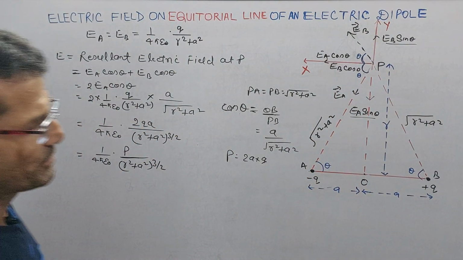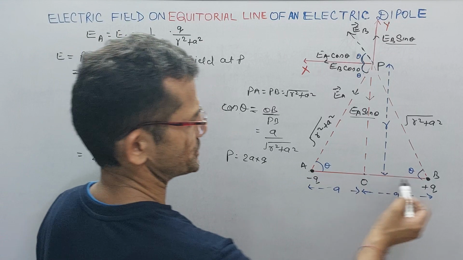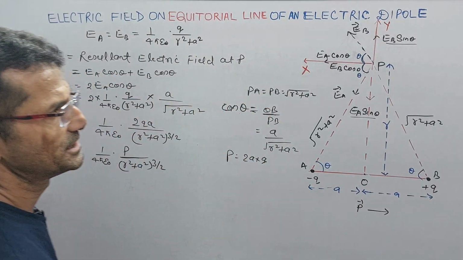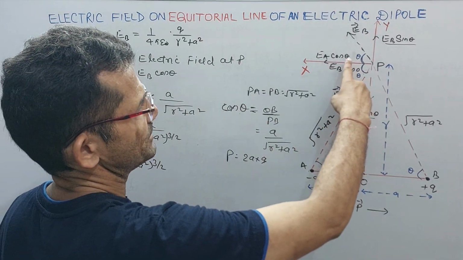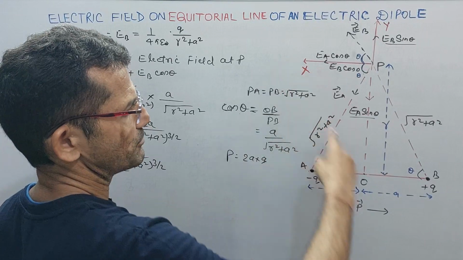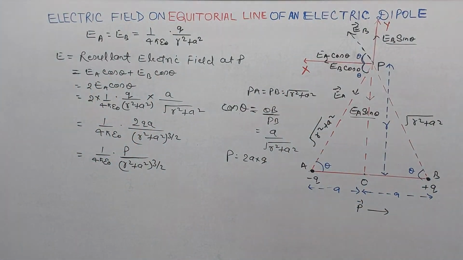Now for its direction, obviously the dipole moment has the direction from minus q to plus q. So this is the direction of the dipole moment, and the direction of the resultant, which is EB cos theta plus EA cos theta along this one, is just opposite to the dipole moment. We can write this value in vector format.